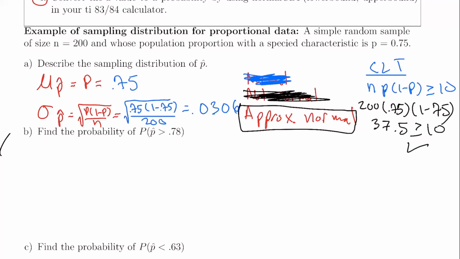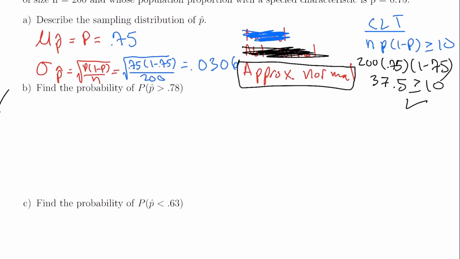We got mu of p hat, sigma of p hat, and we were also able to figure out that the distribution was approximately normal because of the central limit theorem: when we did n times p times 1 minus p, we got 37.5, which was greater than or equal to 10. Since 37.5 was greater than 10, we could say it's approximately normal because of the central limit theorem. Now we're going to find the probability of this event occurring.